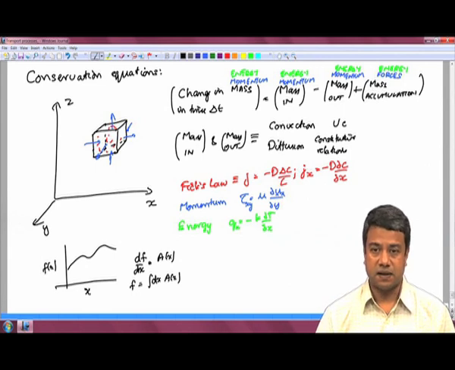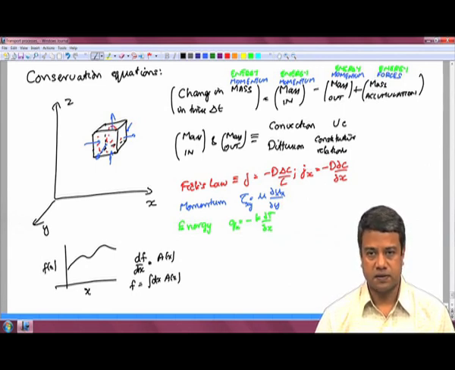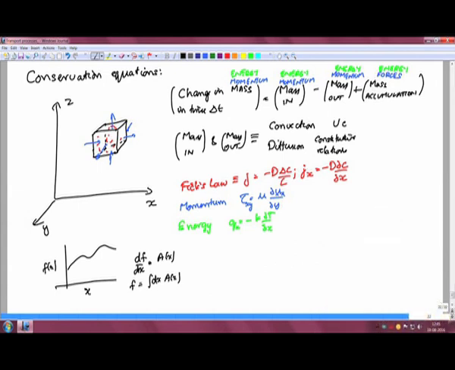The physical understanding: what are the important processes? Can we scale the equations and determine, is convection more important, is diffusion more important? In case diffusion is more important, can we formulate methods for solving the diffusion equation, so that we can get a solution in cases where convection is not important?